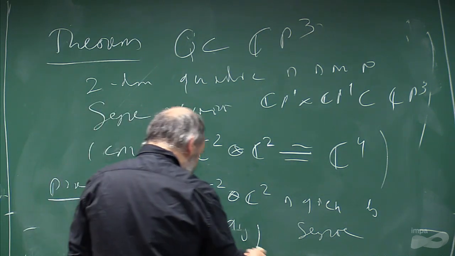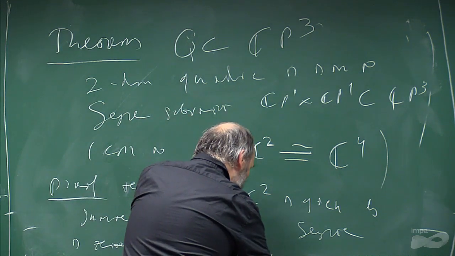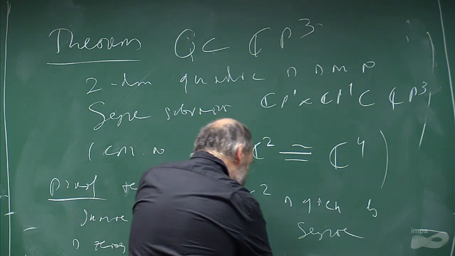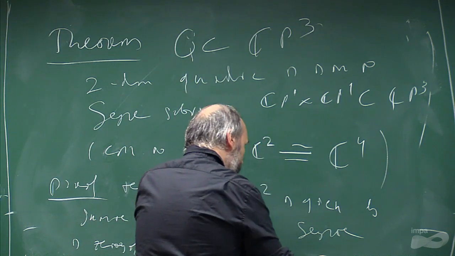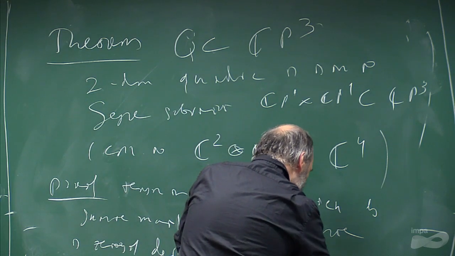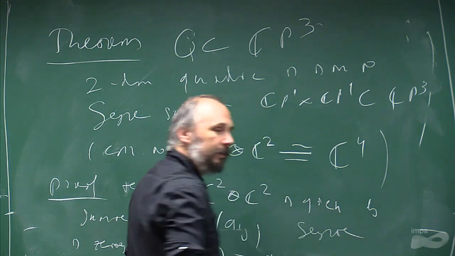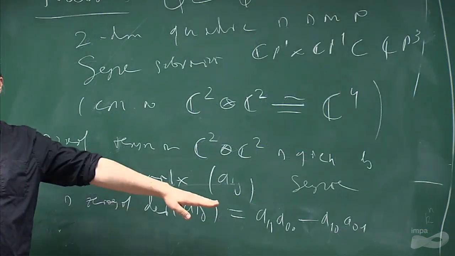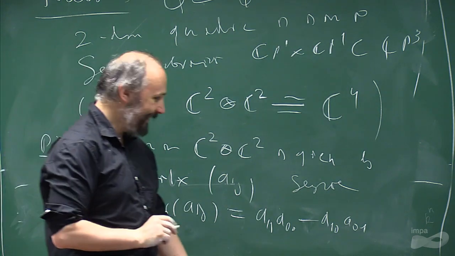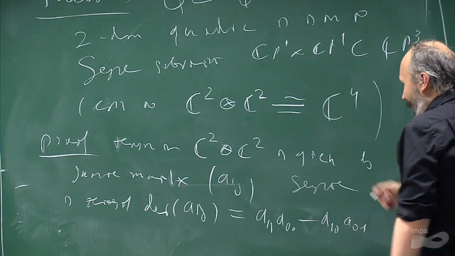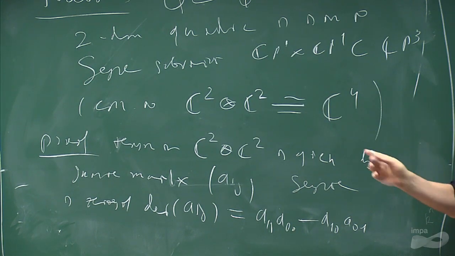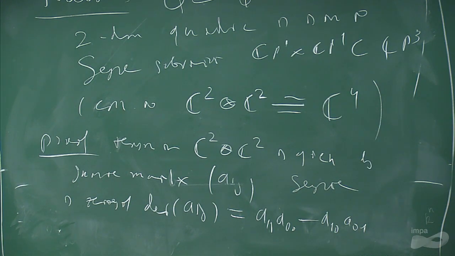This is the formula for the determinant. But it's a non-degenerate quadratic form. Nice. So we obtained that the Segre variety in that dimension is given by a single equation which is quadratic, non-degenerate quadratic, and we're done.